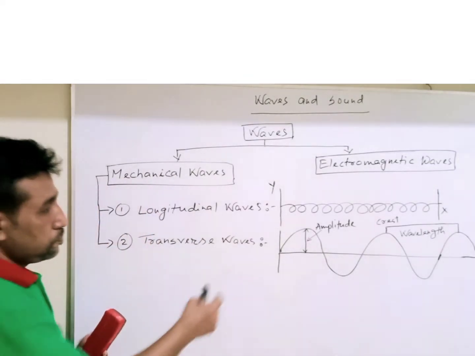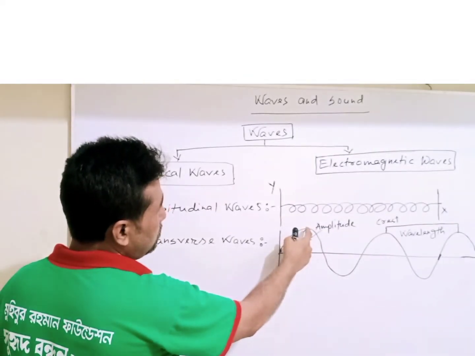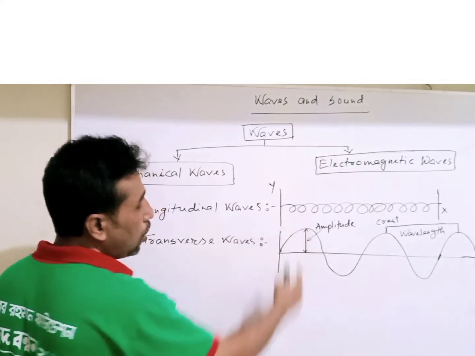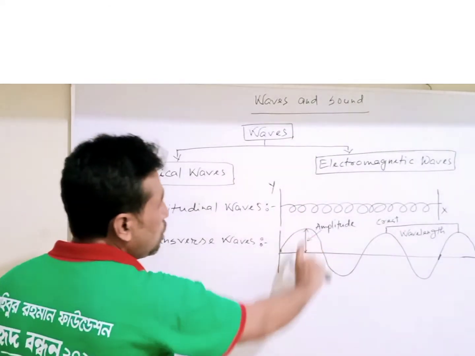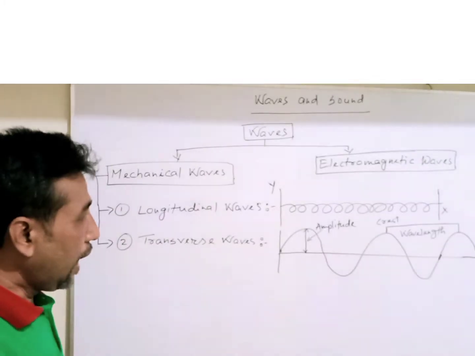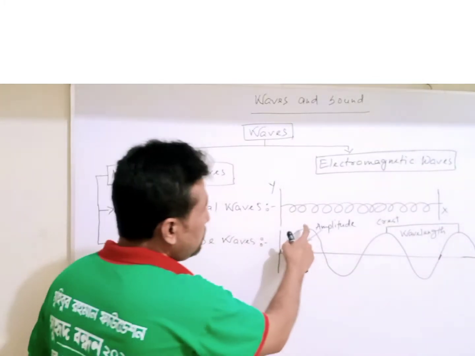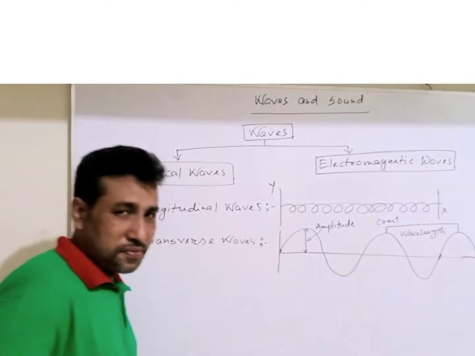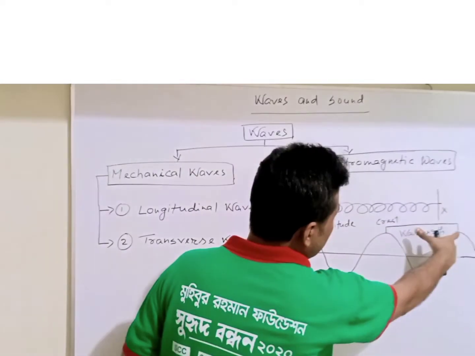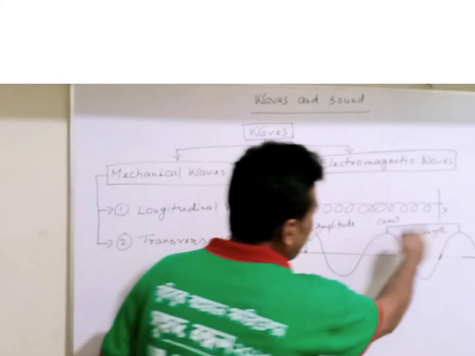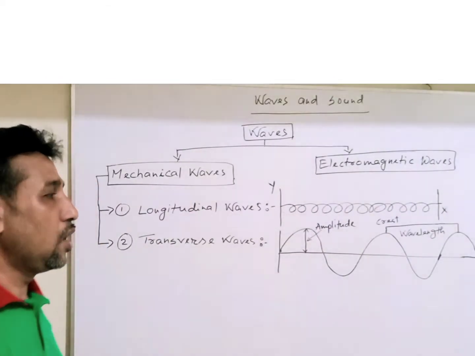You see here, the maximum displacement of the medium or the particle of the medium is called the amplitude, and the highest peak is called the crest. The distance covered by two crests is called the wavelength.